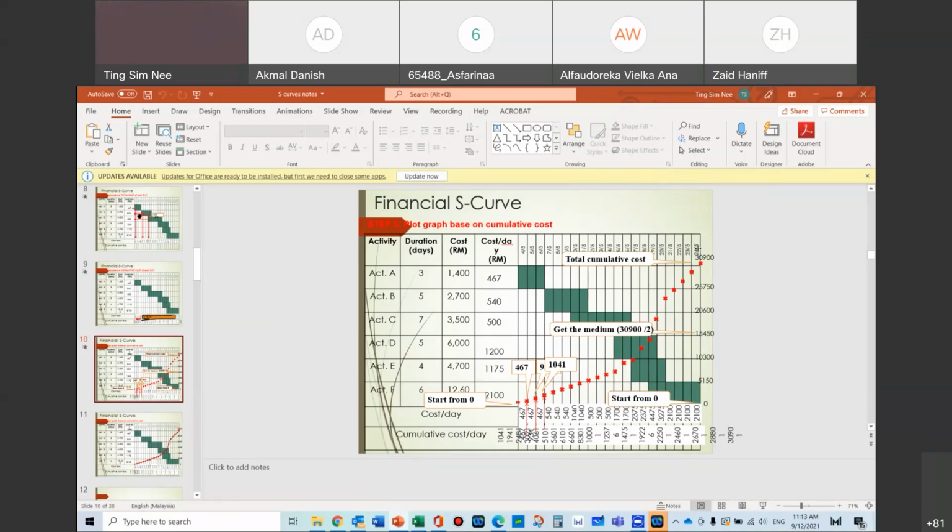But in general, it's telling the client, look, you have money, you have budget, let me tell you how to spend it, when to spend it, when you need to pay me, or when you need to pay the contractor. The contractor usually will be the one, or the production line, or whatever industry you are in. When you do the S curve, you are telling the client how they have to pay as time goes by.